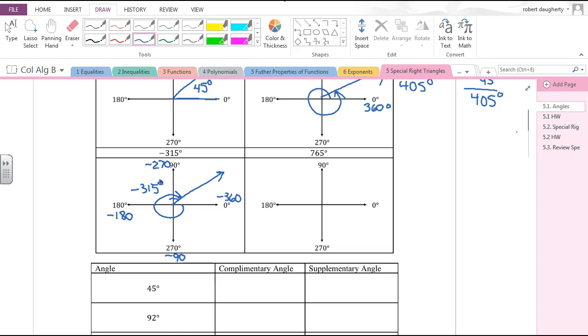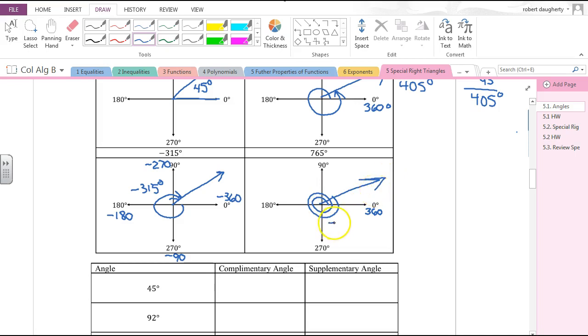Okay, so you count by 90s and you find out where you are. 765. Okay, I start at 0, 90, 180, 270. What's the next number here? 360. Okay, what would it be if I went around? So 360 is 1 revolution, right? What is 2 revolutions? 720. Okay, how much further do I need to go from 720 to get to 765? 45. So this one, I go 1 revolution, I go around again, and there we are.